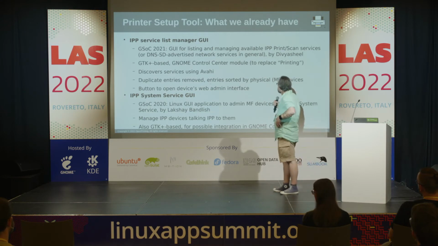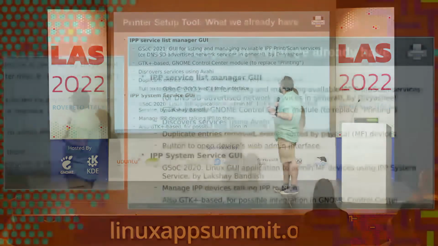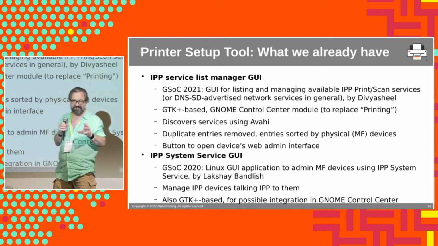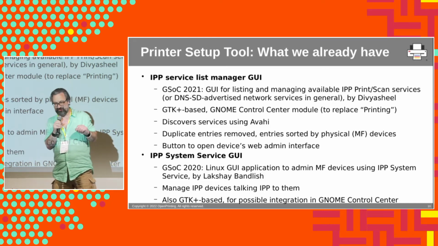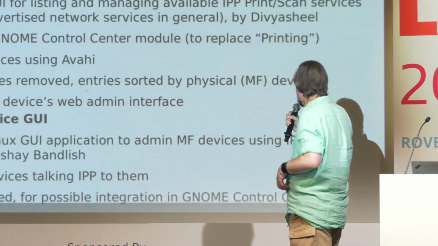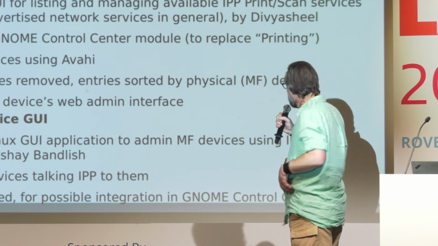And so now we have the IPP Service List Manager GUI. This is the main screen of the Gnome Control Center printer module. And here it got coded in the Google Summer of Code 2021 already.